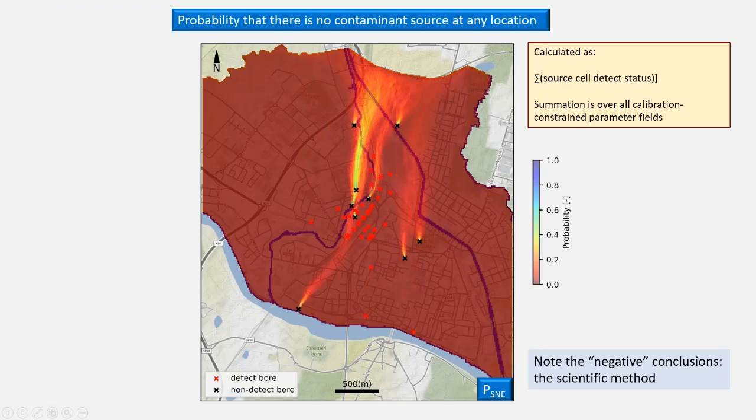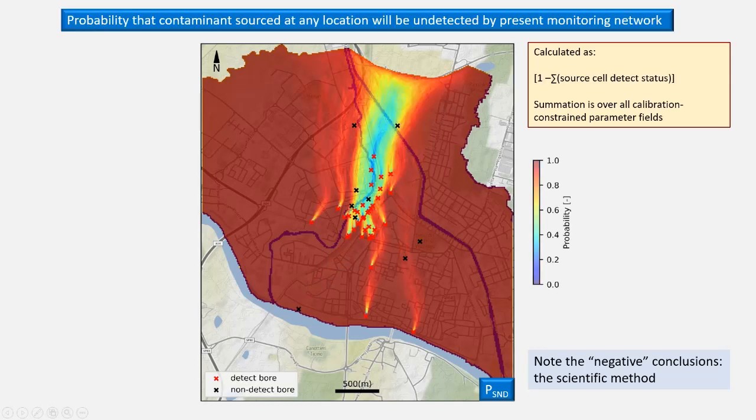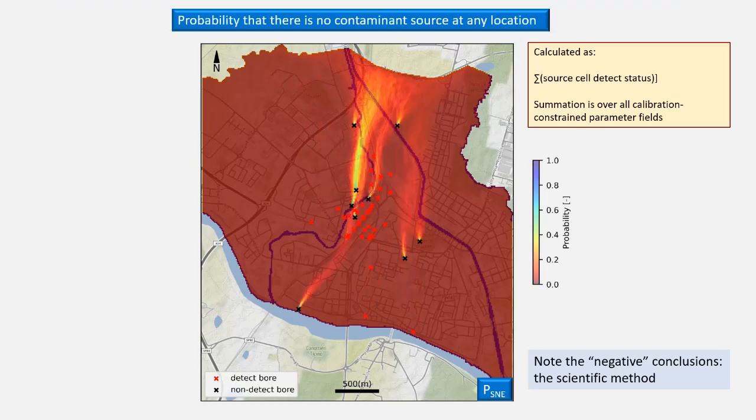In this case, the probability that there is no contaminant source, PSNE, in this particular cell. Now notice too that both of these probability maps embody a negative. In this case, it's the probability that a source will go undetected. There's a negative there. In this case, it's the probability there is no source.